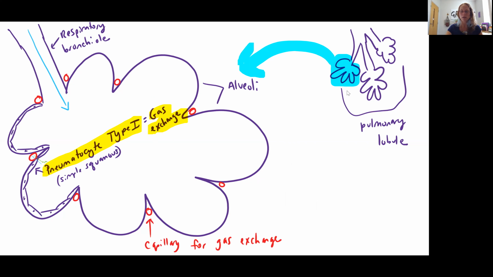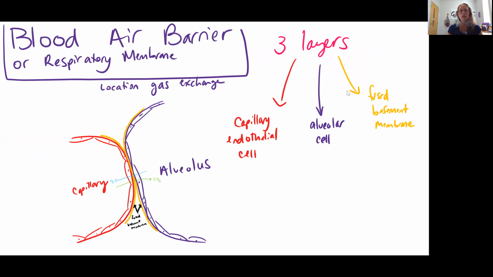We see them sharing a basement membrane with the capillary cells so that we have this respiratory membrane, or blood-air barrier, that's just 3 layers thick: your alveolar cell, a fused basement membrane, and your capillary endothelial cell. Those gases are able to move through the phospholipid bilayer of these cell membranes from one cell to the next. So that is the job of our pneumatocyte type 1.